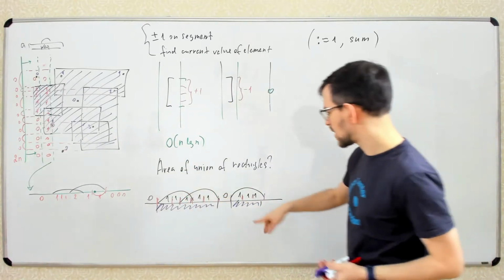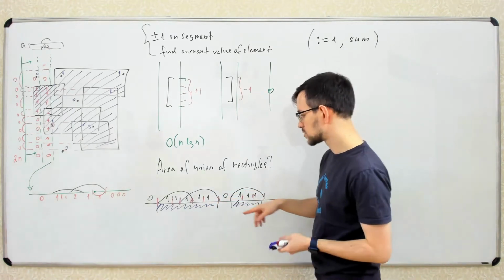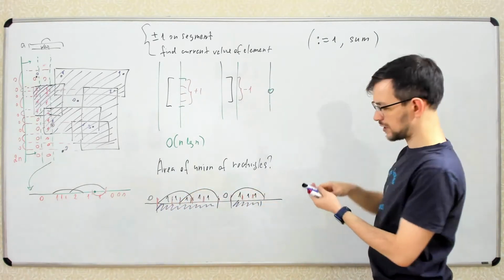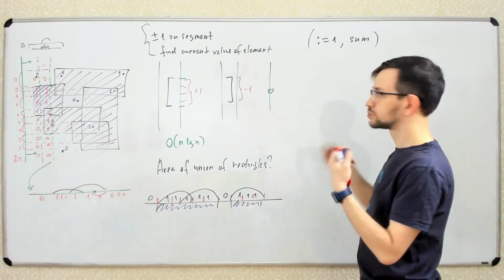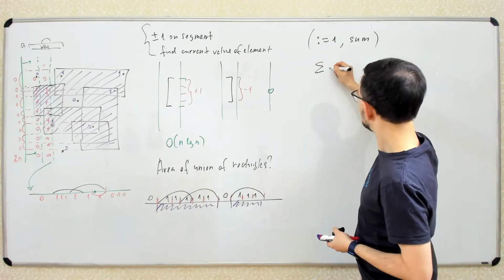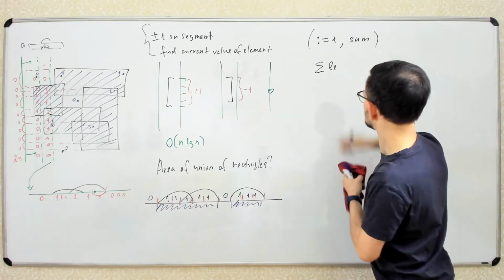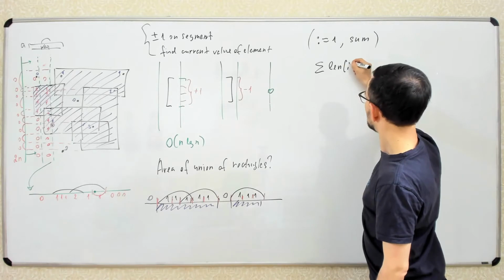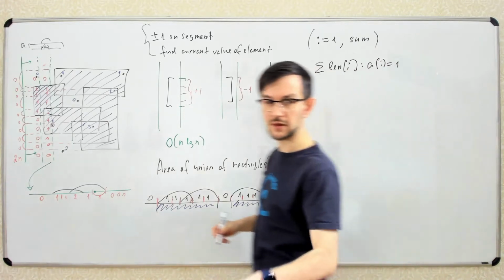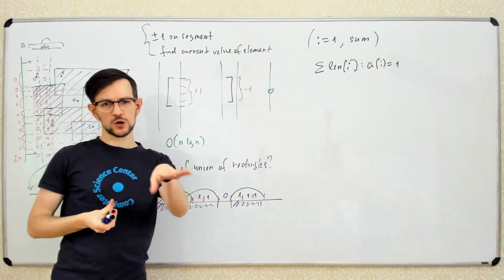No, actually, if you have different lengths, let's see. In this problem, we actually have different lengths of these segments. So in this problem, each segment has some length. So we don't need this sum. We need something different. We need the sum of all lengths. So we need something like this actually. But it's just a small tweak to your segment tree.